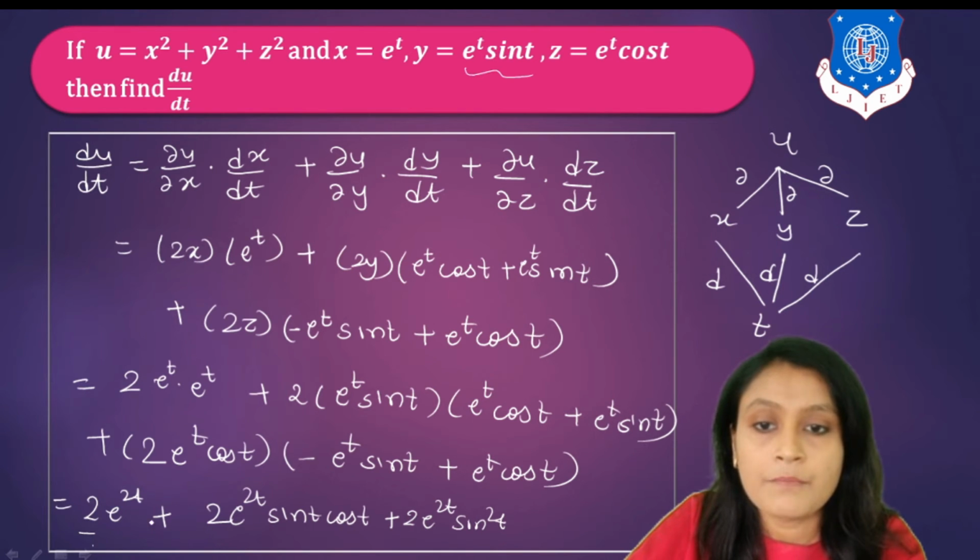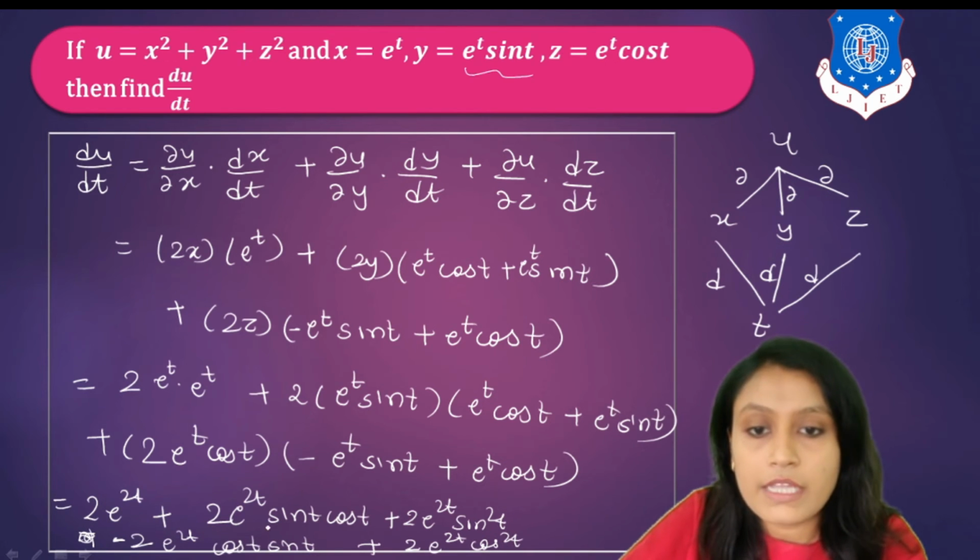Next multiply these two terms, here we have a minus sign, so we'll write minus 2e raised to 2t cos t sin t. And here you will get 2e raised to 2t cos square t.